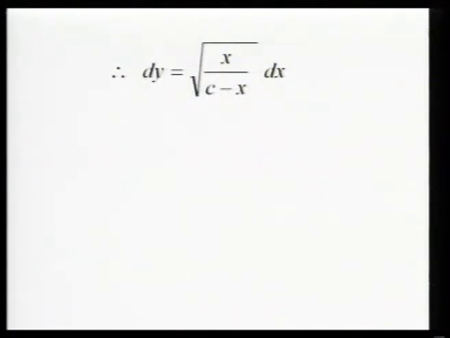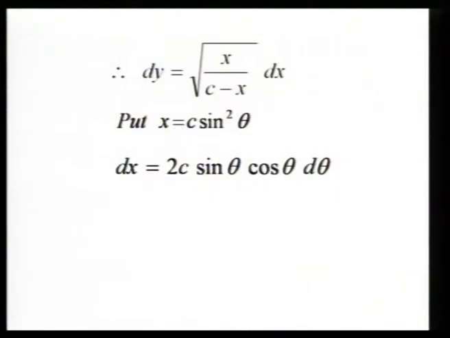How? Simple. Put x equal to c sine square theta, so that the under root goes. And therefore dx would be equal to twice c sine theta cos theta d theta.